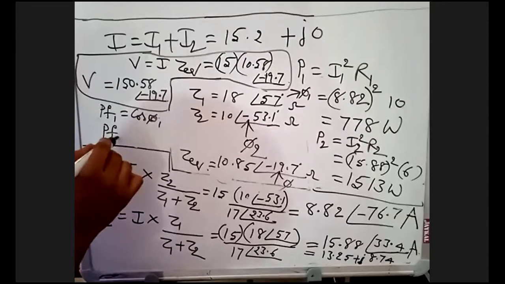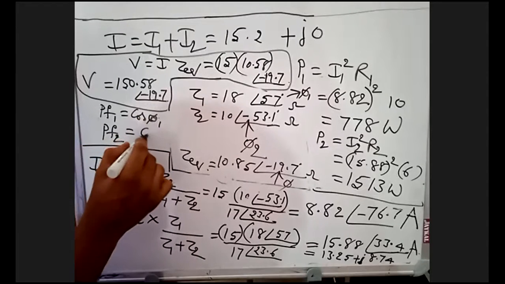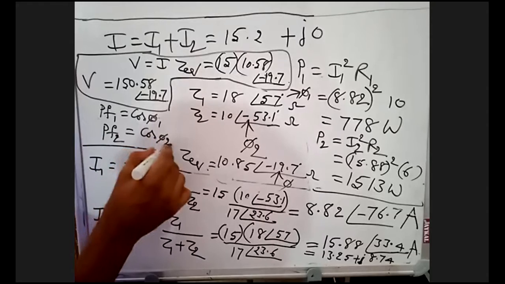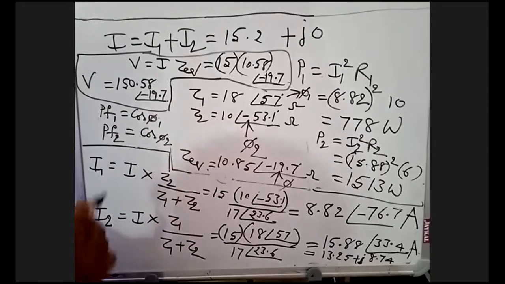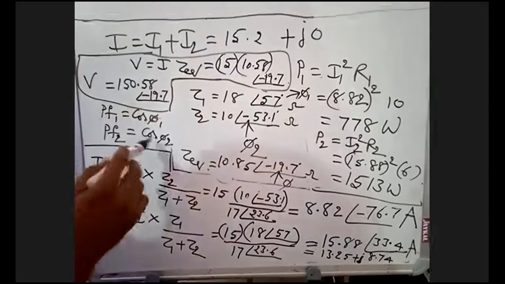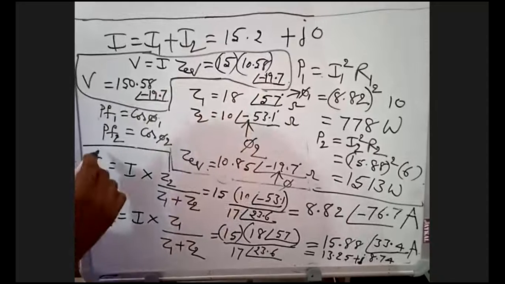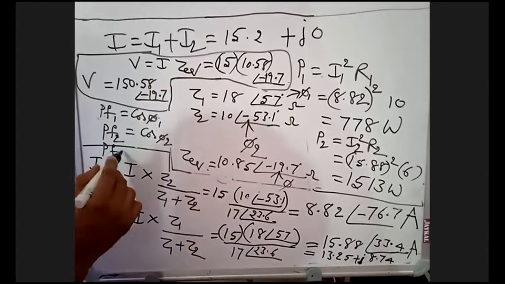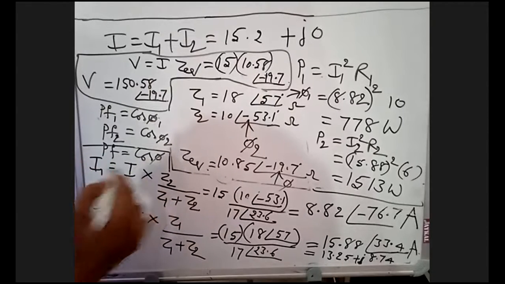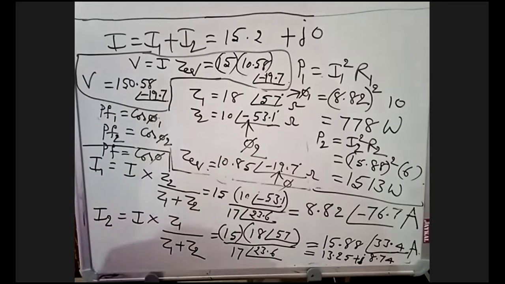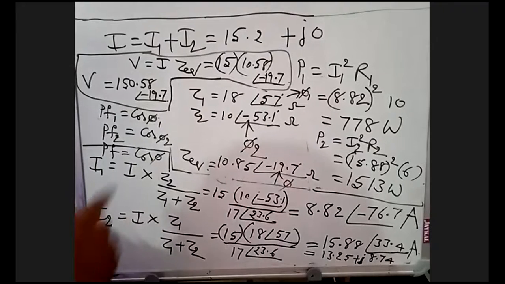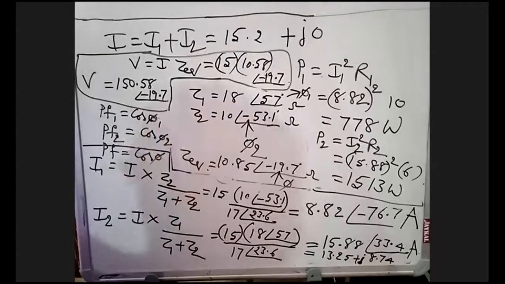Power factor 2: I am determining the individual circuits first. First circuit is Z1, power factor is this one. Phi 1 we know is 57, phi 2 we know is 53.1. Total power factor is cos phi. Now determine the angles.